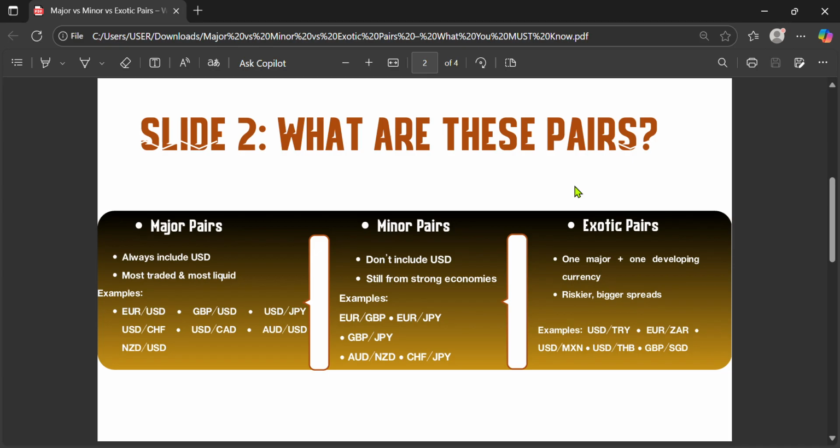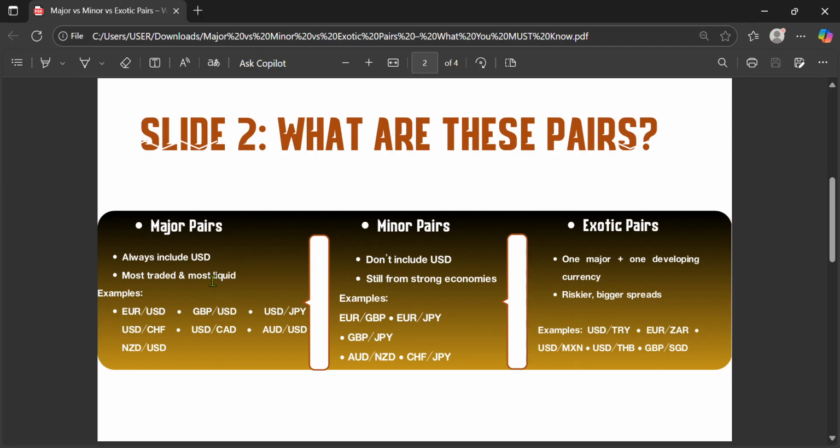Now, what are these pairs? Starting with the major pairs. Major pairs are pairs that include the US dollar primarily. That's one thing you can use to identify them.